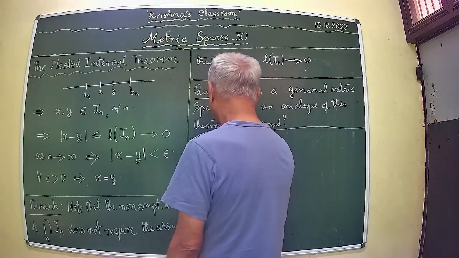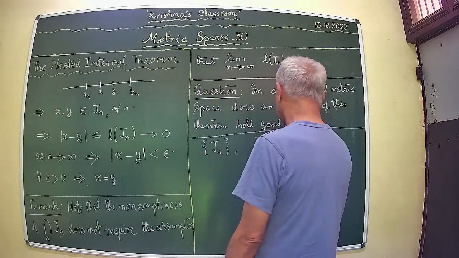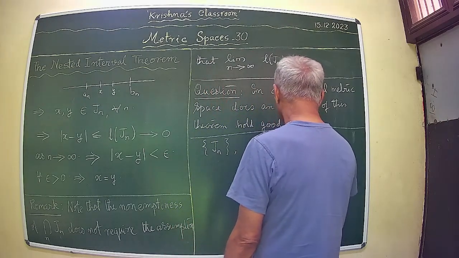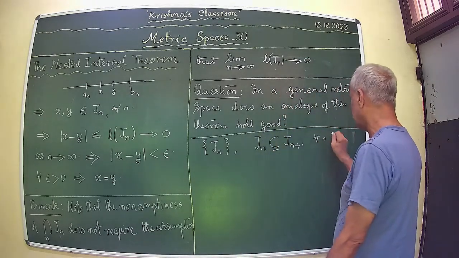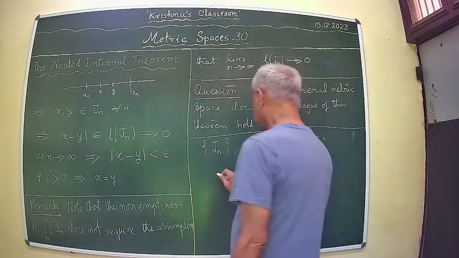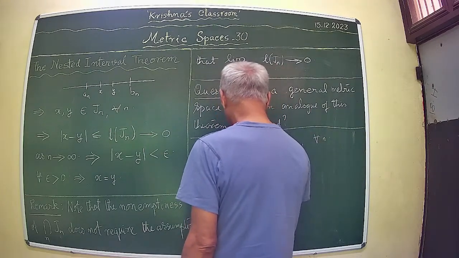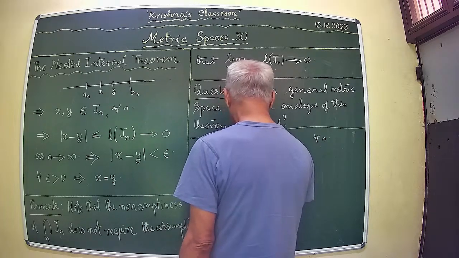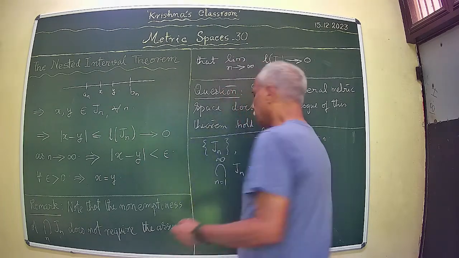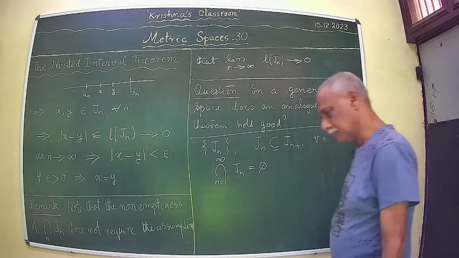We have a collection of intervals Jn plus 1 contained in Jn for every n. This assumption. Then we are proving the main statement of the theorem.